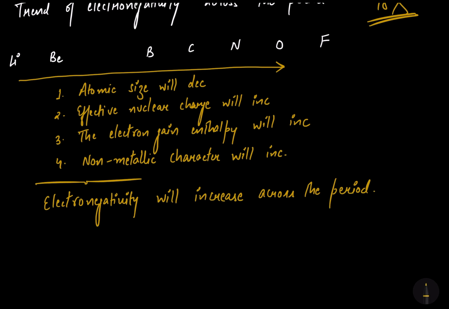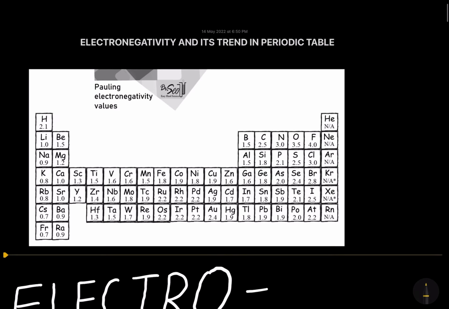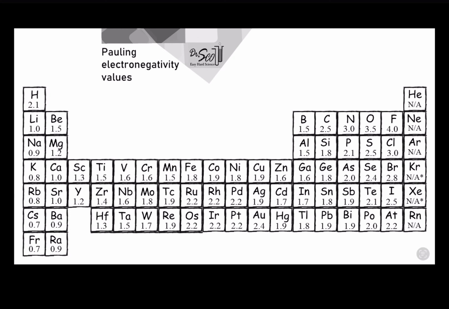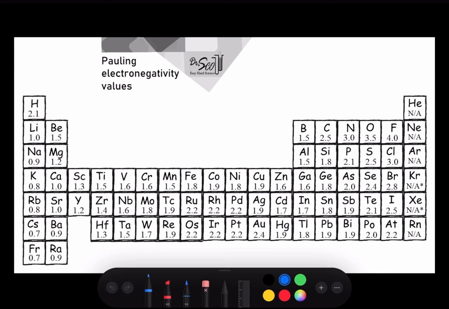So now let's discuss this trend in the main periodic table. So here we have taken the Pauling scale values, in which you can see that the maximum value is 4.0, which is of fluorine, and group 18 is not considered in this trend.